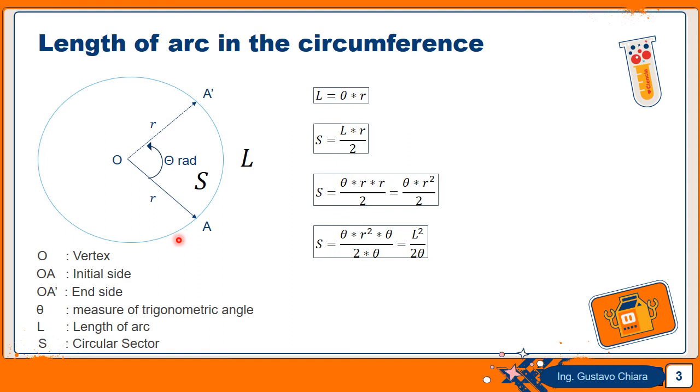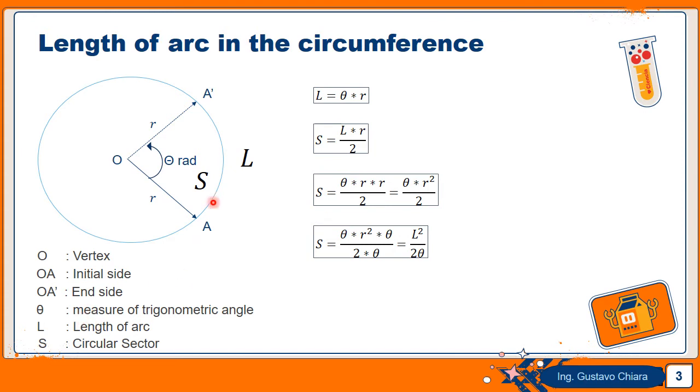Okay, in this slide, we can see the length of the arc in the circumference. So in the picture, we can see a circumference and the parts of it. We find the vertex, the initial side, the end side, the measure of trigonometric angle, obviously in circular system, in radian.